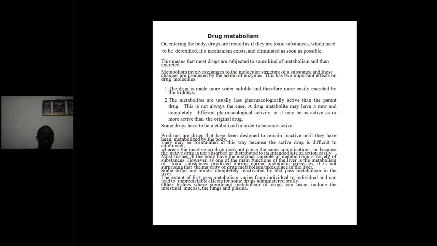Every drug is a chemical compound. So when they enter the blood, the system, some are not as toxic as their metabolite. It's just like fuel. So some activities we do on earth, the fuel is not as toxic as what comes out of it. Let me give an example.